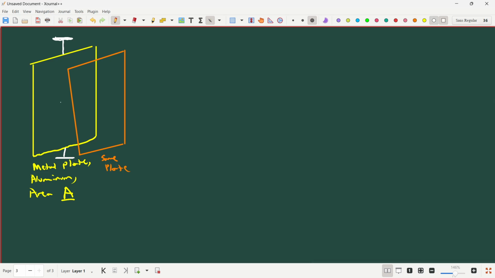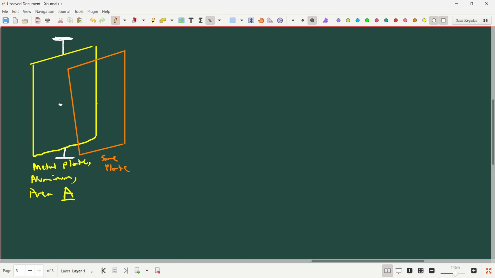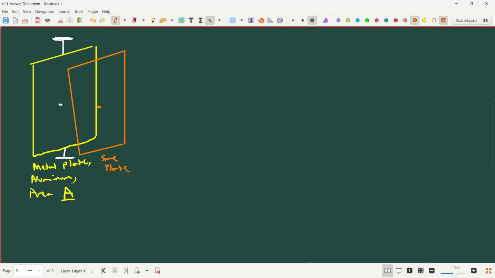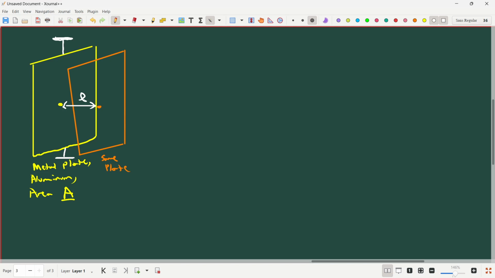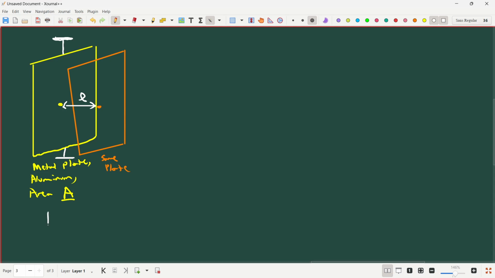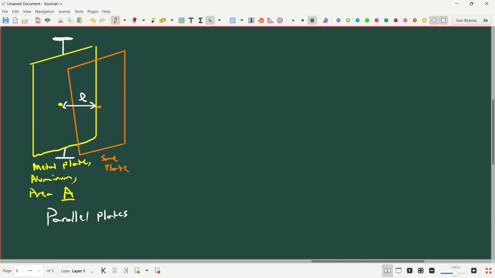So the middle of this plate is this little dot, and the middle of the other plate is this yellow dot. And I'm going to measure the distance between them by L. These are parallel plates. And the important thing is that they're electrically neutral.